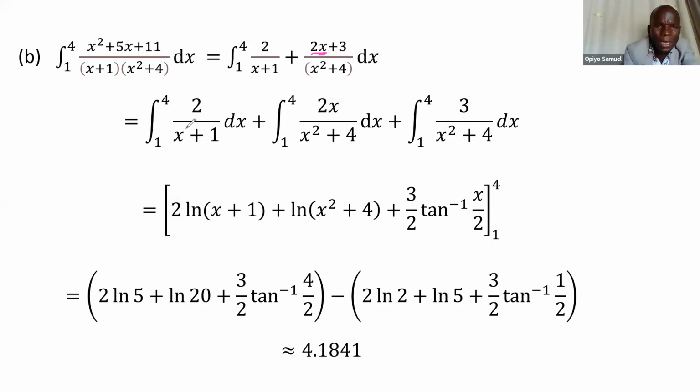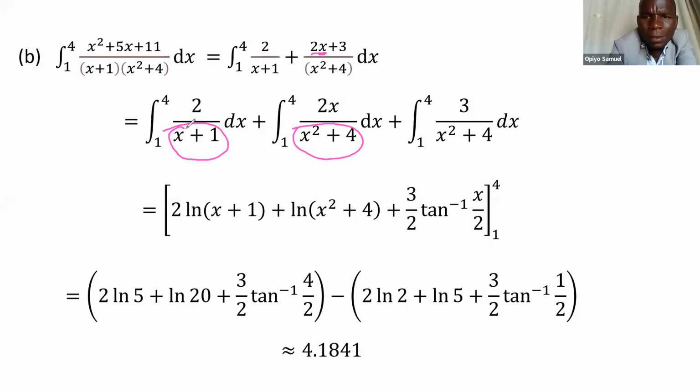So for the first part, you can see this 2 is constant, you can take it out. When you differentiate x plus 1, you get 1. So it means this part is 2 natural log of x plus 1 plus, when you differentiate the denominator here, you get 2x, which is already there. So this is natural log of x squared plus 4.